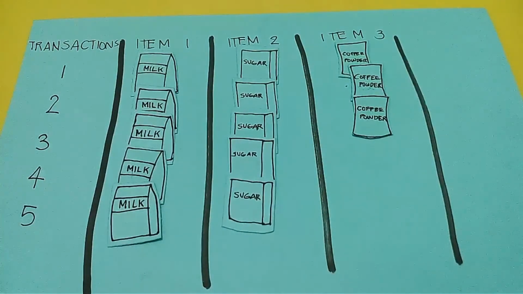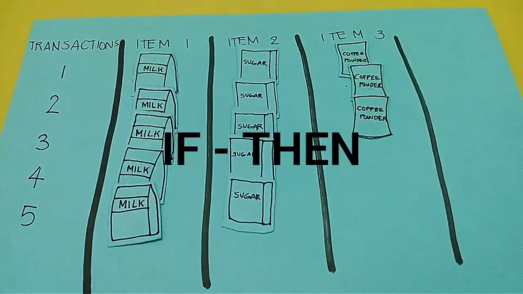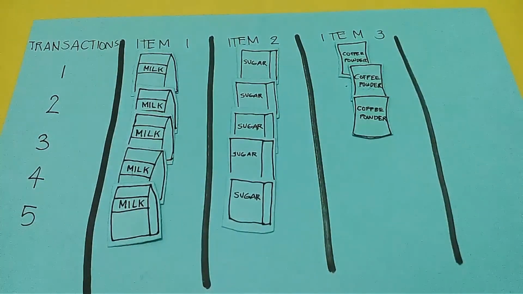Generally, an association rule uses an if and then format, but we may use antecedent for if, the left-hand side, and consequent for then, the right-hand side. From the above rules, we understand the following explicitly. If milk is purchased, then sugar is also purchased, or vice versa.